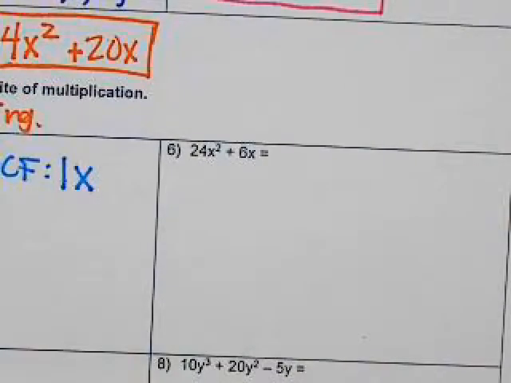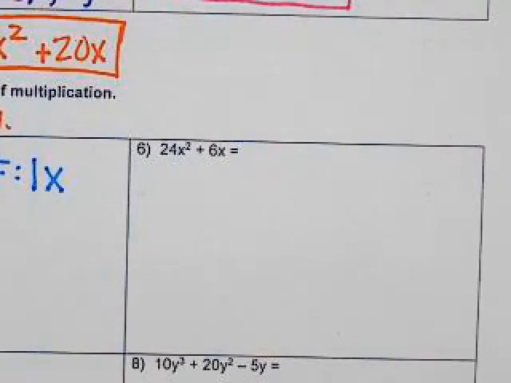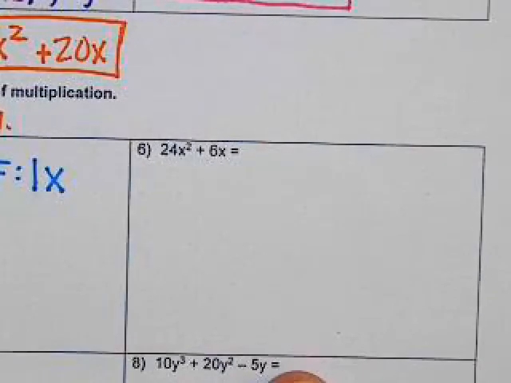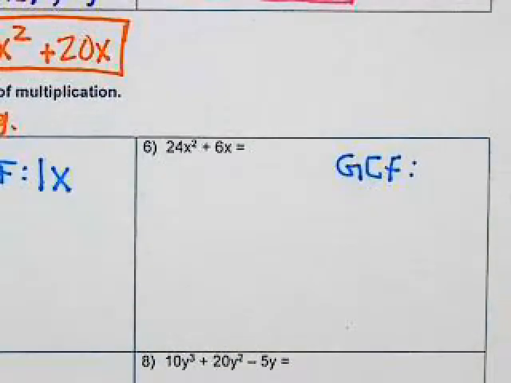All right, look at number 6. Okay, step 1. What's step 1 say? Step 1 right here says find GCF. So we're going to write GCF, and I need to know what my GCF is. Okay, do I need to plug this in the calculator?